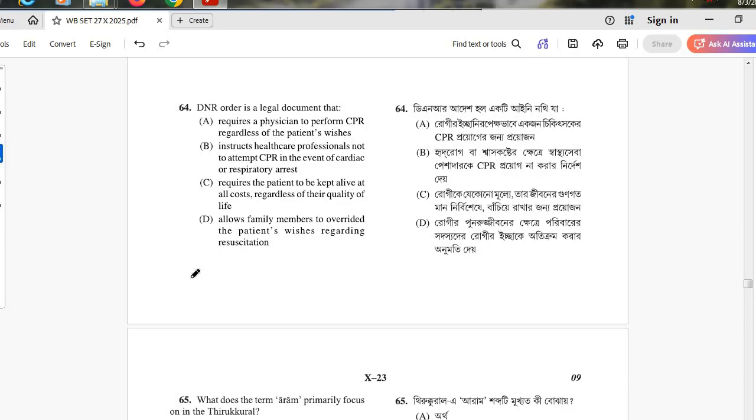And option C. requires the patient to be kept alive at all cost regardless of their quality of life. Option D. allows family members to override the patient's wish regarding resuscitation. And question 64 correct answer is option B.